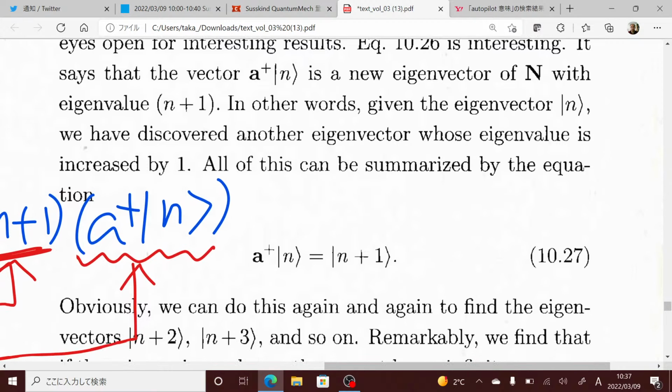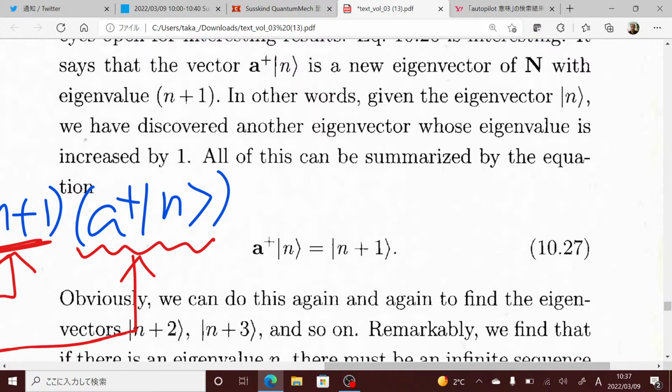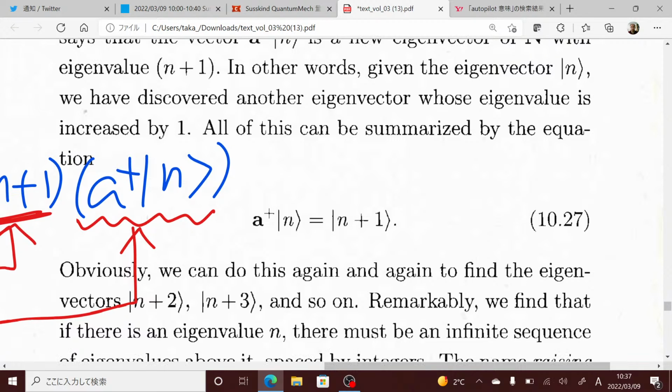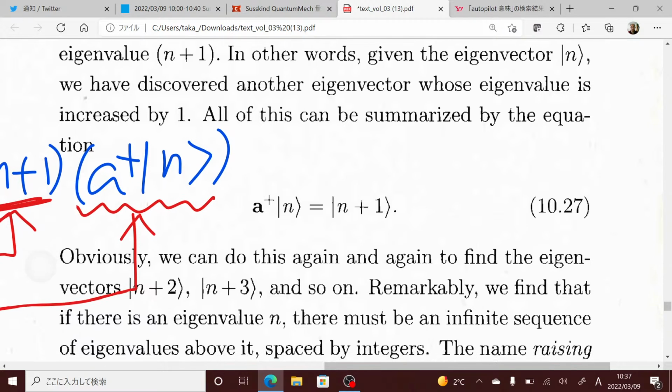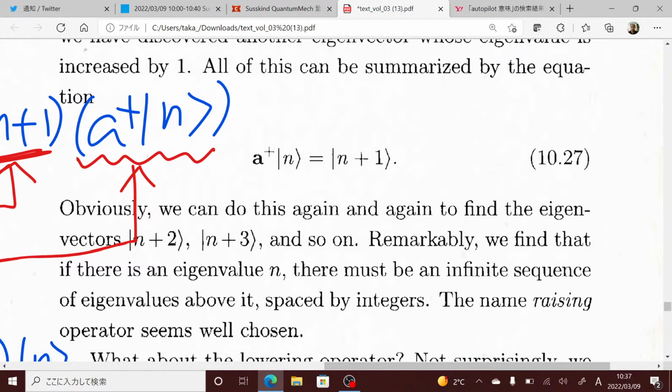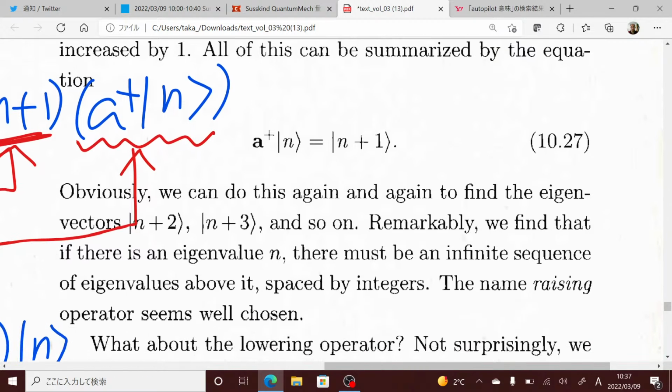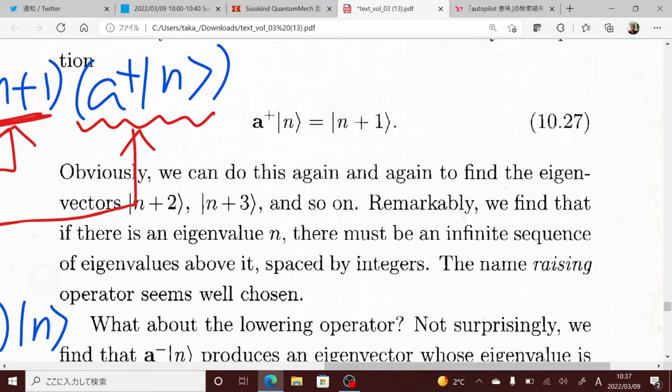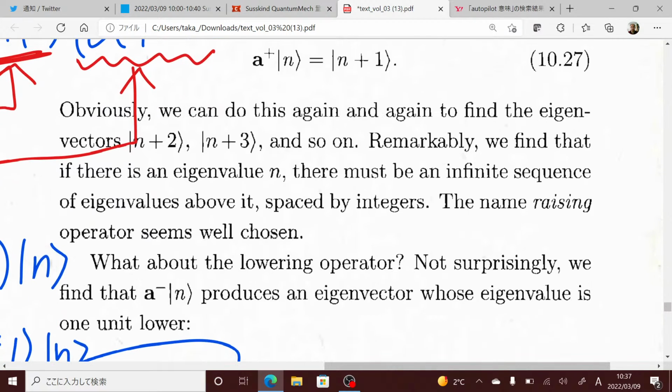In other words, given the eigenvector ket of small n, we have discovered another eigenvector whose eigenvalue is increased by 1. All of this can be summarized by the equation a plus ket of n is ket of n plus 1. Obviously, we can do this again and again to find the eigenvalues n plus 1, n plus 2, n plus 3, and so on.